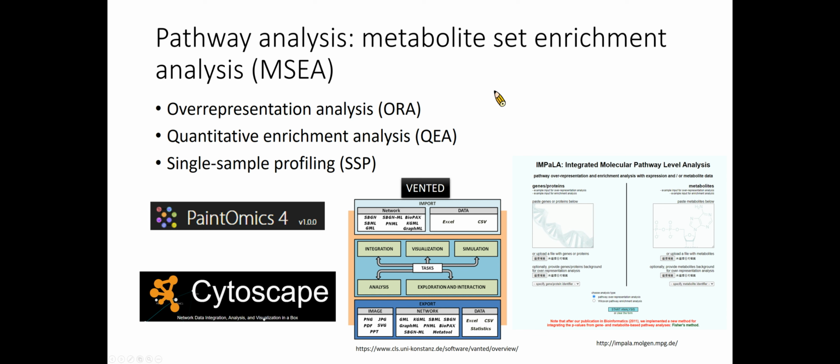The availability of this data is therefore enabling the use of pathway-based approaches in metabolomics. These methods are currently referred to as metabolite set enrichment analysis, MSEA, and are methodologically based on the gene set enrichment analysis approach designed for pathway analysis of gene expression data.